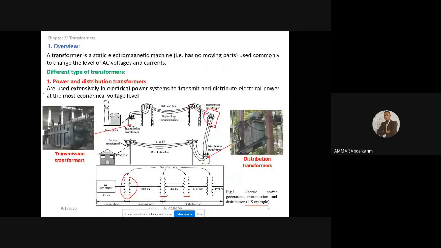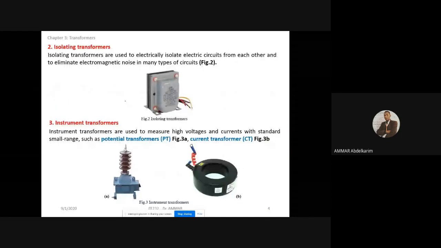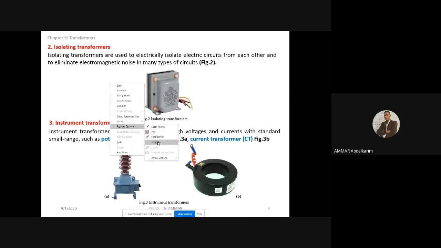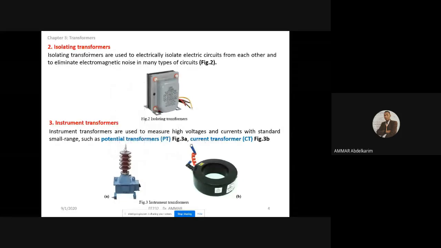So this was the first type of transformer, which is the power and distribution transformer. The second type is the isolation transformer.